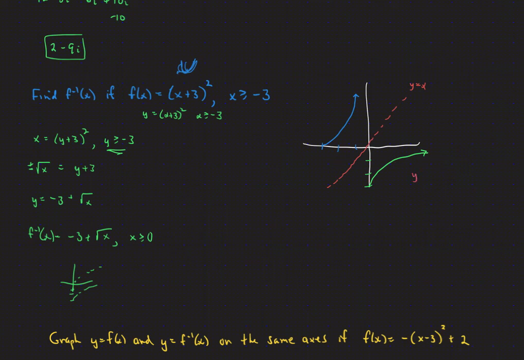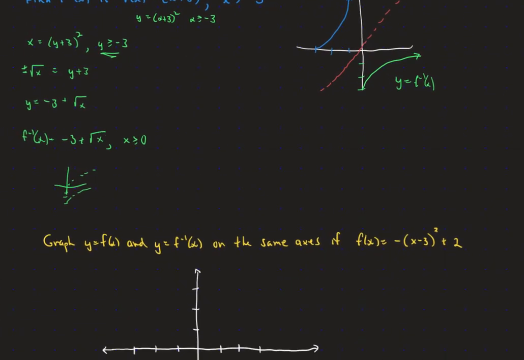So the green function is our inverse, and our blue function was the original f of x. And we can see that they are reflections of each other in the line y equals x.